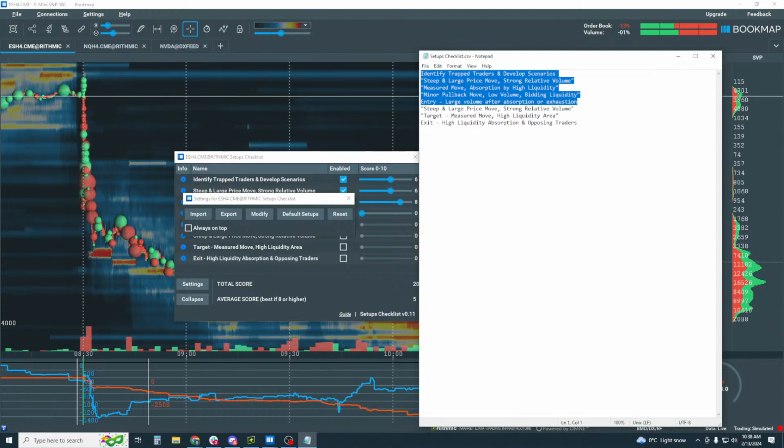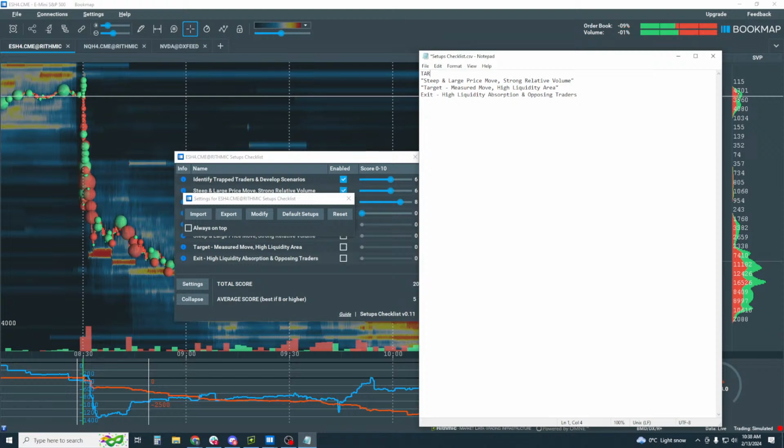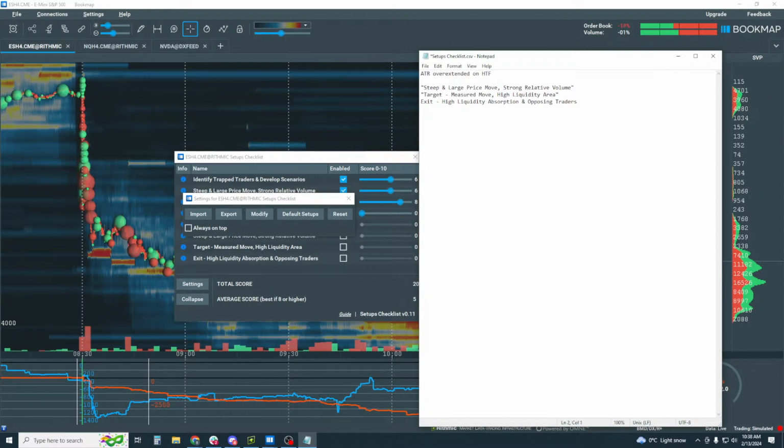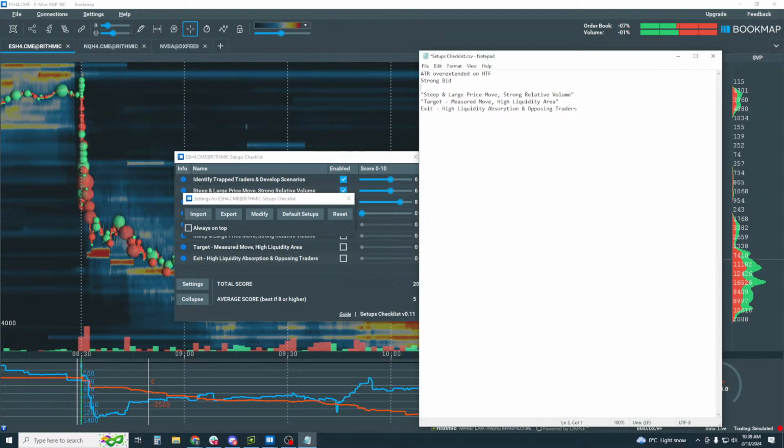So we're looking at ATR, overextended on higher time frame. And then we're looking for the strong bid. Then we're looking for a strong move by buyers. Strong volume.